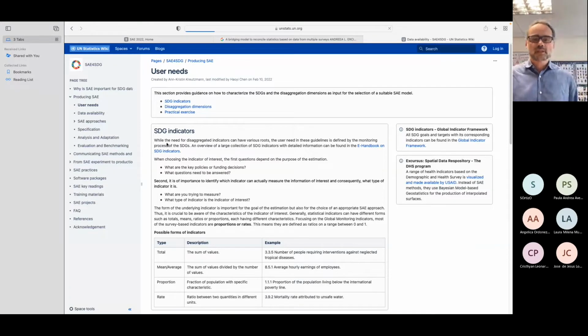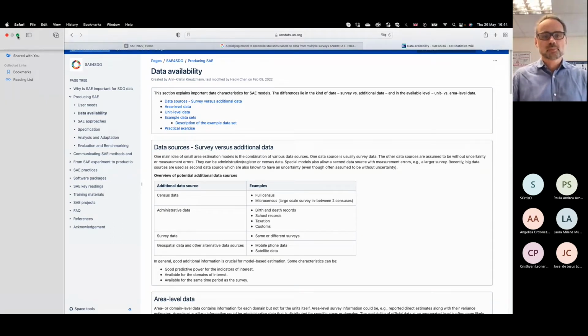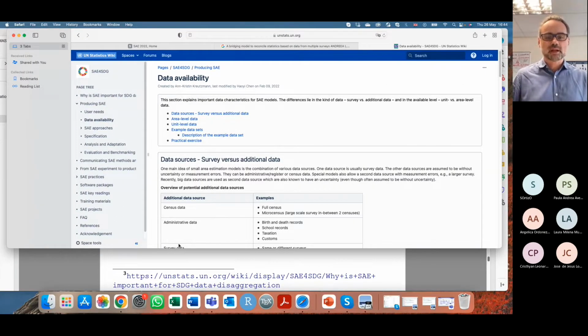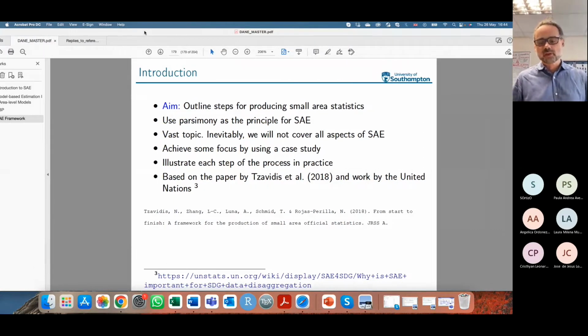It follows a bit what is in the paper that Angela and I wrote with co-authors, but it goes a bit more and expands on that in various directions. So I would encourage you to use the United Nations link to go and explore the framework that has been set, and that probably will be a good thing to do in terms of also relating it to the operations that you have within DANE.